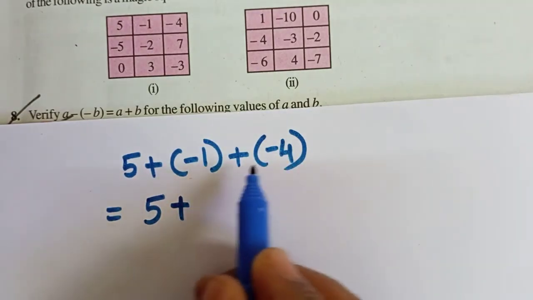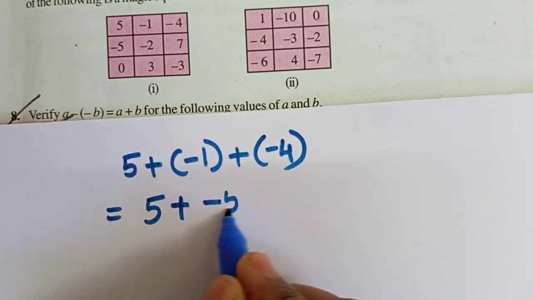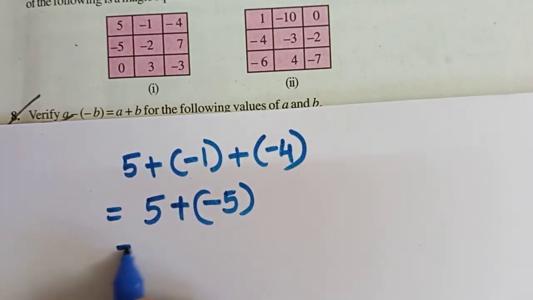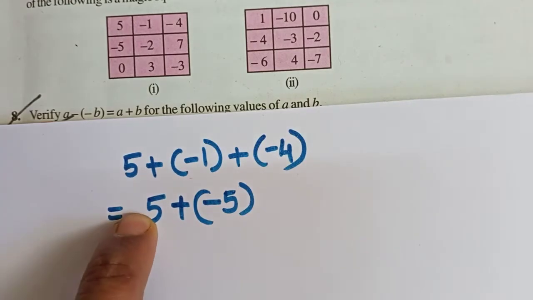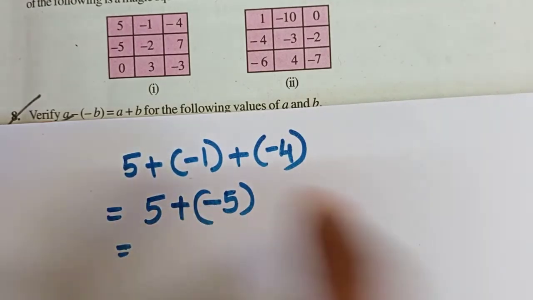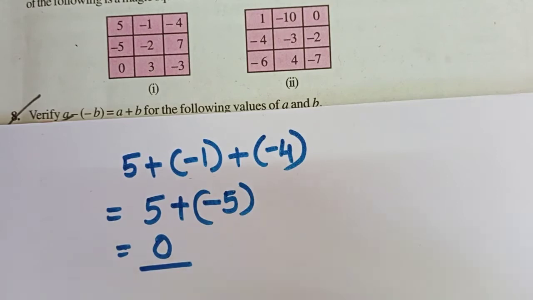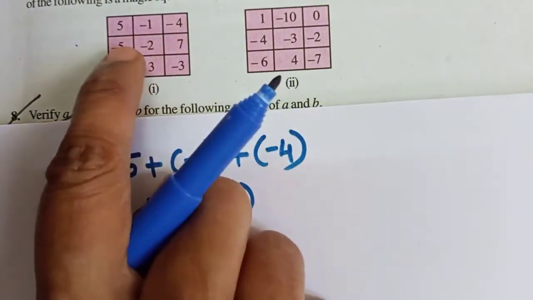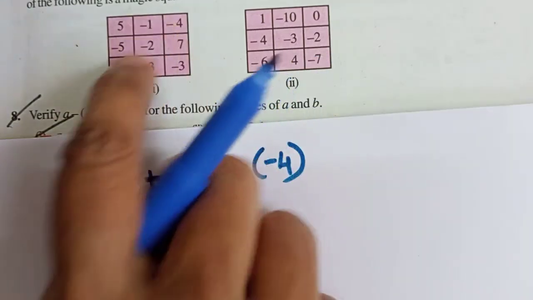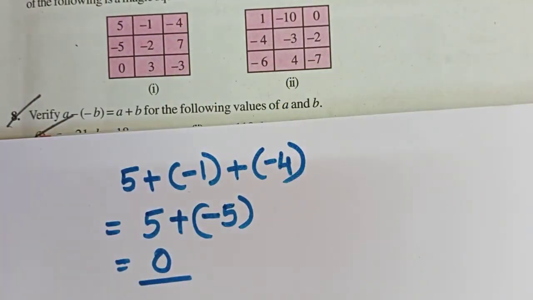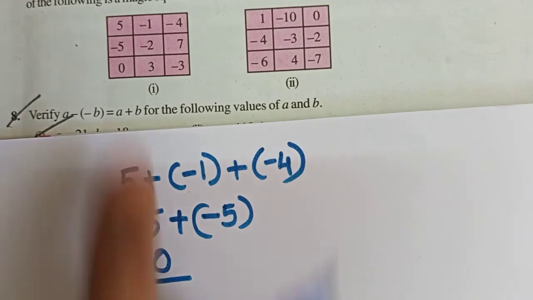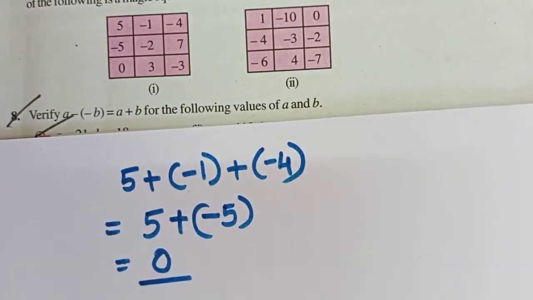Minus 1 plus minus 4 will become minus 5. So this becomes 5 minus 5, it will become 0. As I got a 0 here, for every row and column and diagonal also, all the answers must be 0. Then only I can call this a magic square.